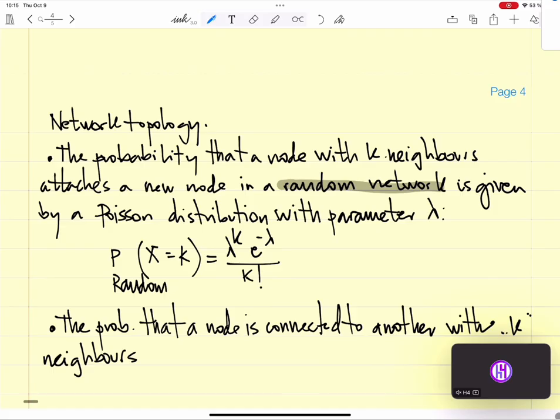What is the probability that you meet somebody and are friends with this person if this person has k friends? Okay? This is what we're looking at. In a real network, the probability is given by k to the power of gamma, and gamma is the degree exponent.